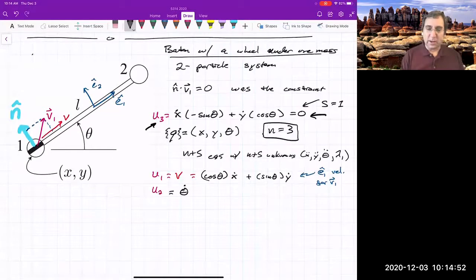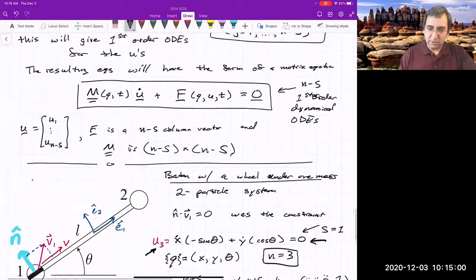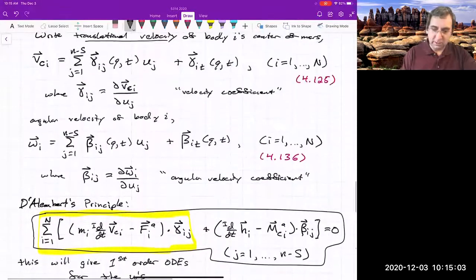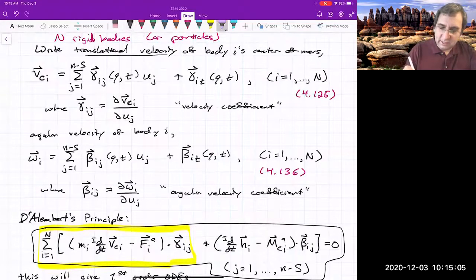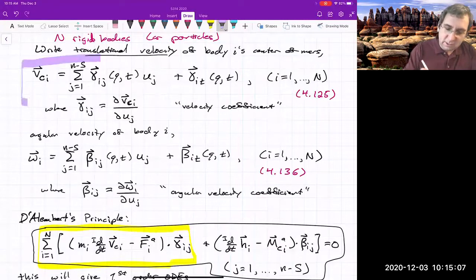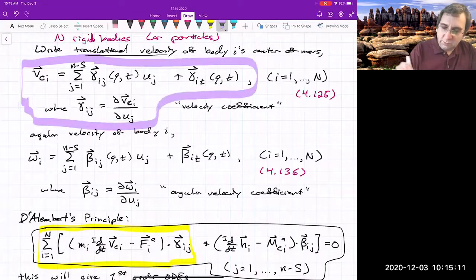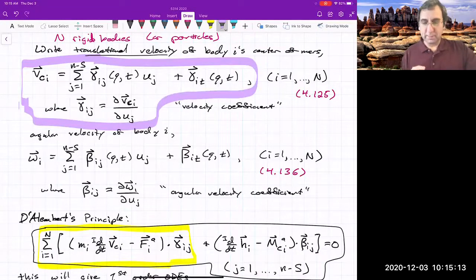If we go with this, we need to be able to write the velocities of each of the particles. Remember from up here, looking at this, we need to write the velocity for our 2 particles as some linear sum of the u_j's that we've chosen.